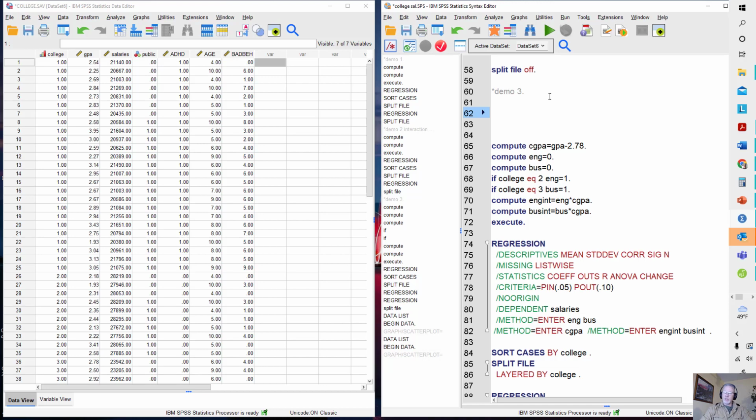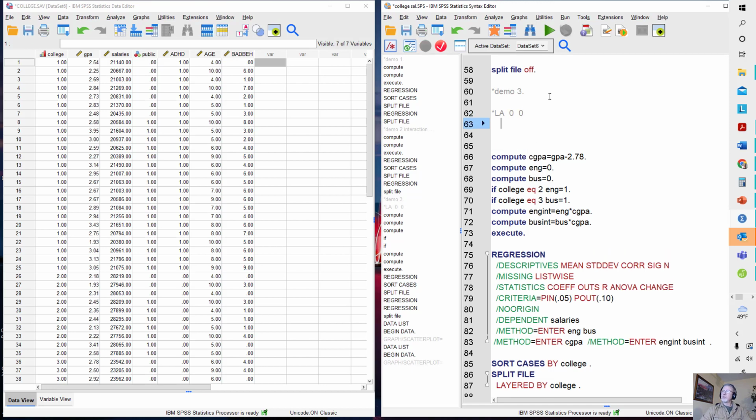show you the coding scheme, it is liberal arts 0, 0. Engineering is 1, 0.